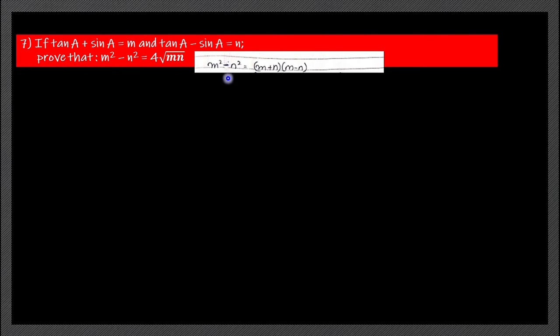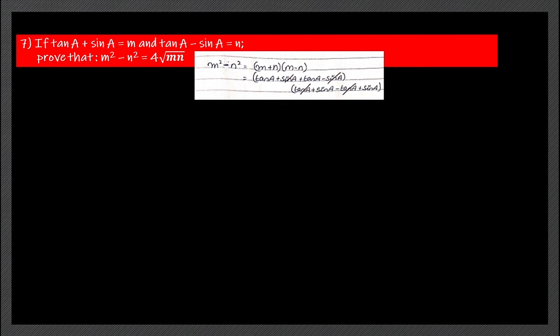First, LHS side, m square minus n square. a square minus b square is written as a plus b into a minus b. Similarly, m plus n into m minus n. So m plus n, let's substitute what is m: tan A plus sin A plus tan A minus sin A, that is n.